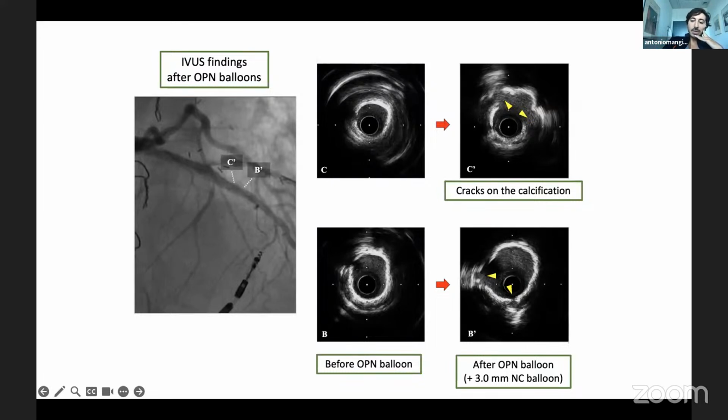There's another part of the vessel, you see here from 10 to 5 o'clock, where the calcium is still solid, still not prepared, but sometimes you have to choose to be a bit conservative. If you cannot go with the lithotripsy, I think that in this case my suggestion would be to not put a stent in this kind of lesion, just do DCB because of the risk of stent under-expansion, not perfect performance of the stent itself.